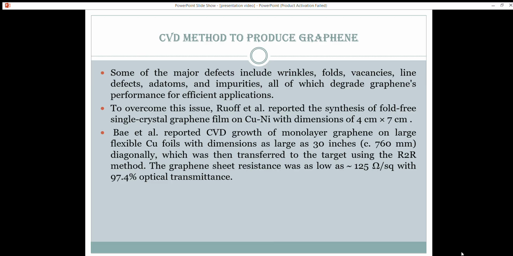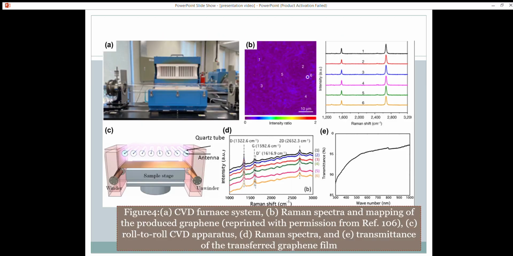Moving on to the next, we will see the setup of chemical vapor deposition. Figure 4a shows the chemical vapor deposition furnace system. So this is basically the furnace of CVD. Figure B shows the Raman spectra and mapping of the produced graphene. This is a Raman spectra of graphene and also the mapping which is produced.